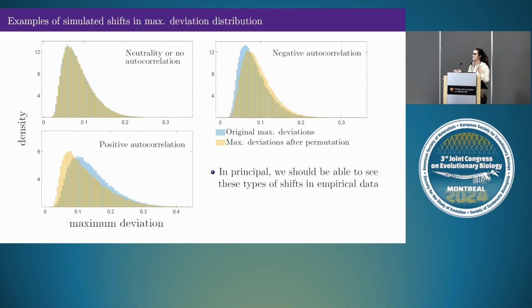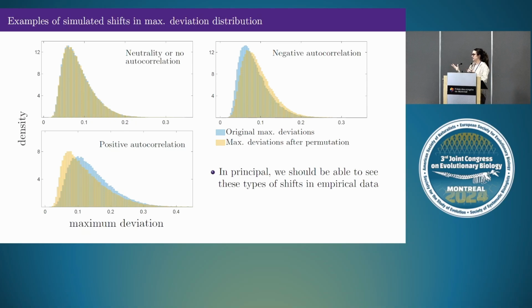And just like the single trajectory cases, if we have a time series with positive autocorrelation, we see a shift towards lower maximum deviation values. And if we have a time series with negative autocorrelation, we see a shift towards higher maximum deviation values. And so we found that that shift in either direction, depending on the sign, is amplified as the strength of autocorrelation increases.